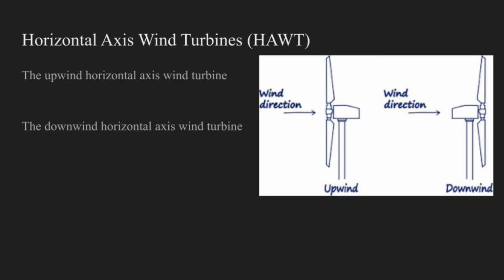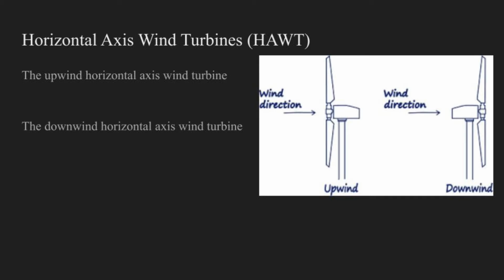The first of the two types that I mentioned earlier, the horizontal axis wind turbine, known as HAWT, has two different types. The first is the upwind horizontal axis, which is what you mostly see, where it has to face towards the wind. It uses a yaw mechanism to be able to face towards the wind. Its axis of rotation is also parallel to the ground.